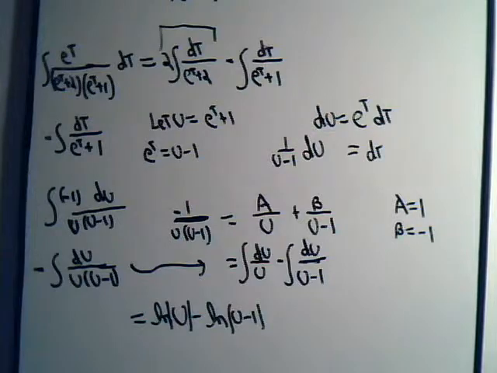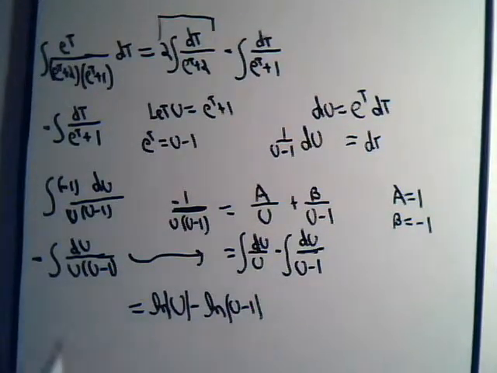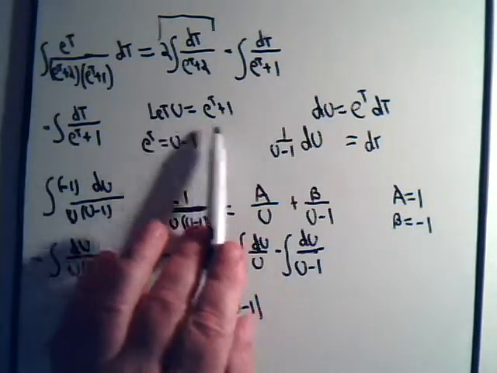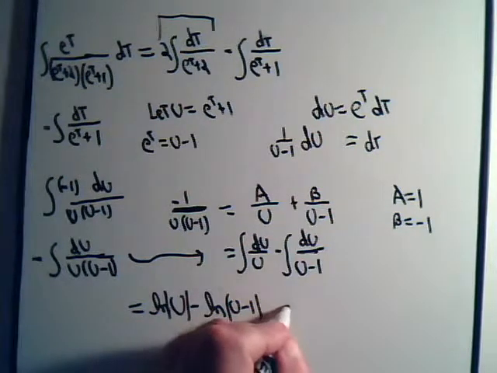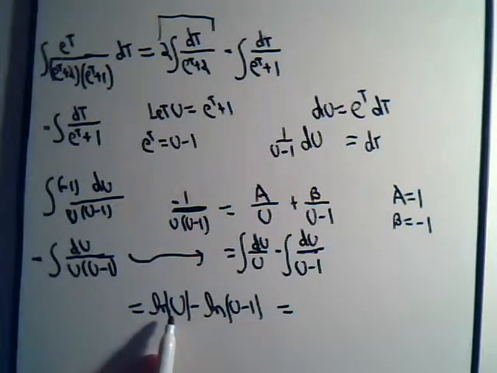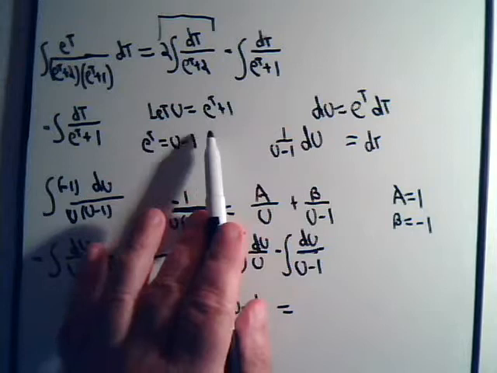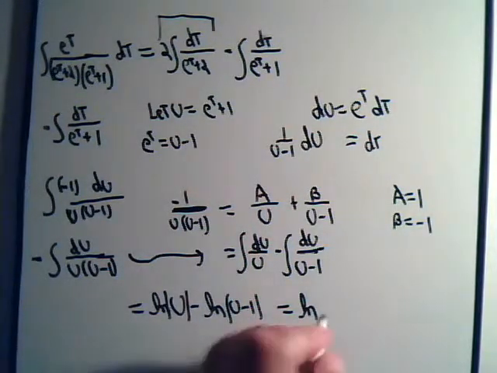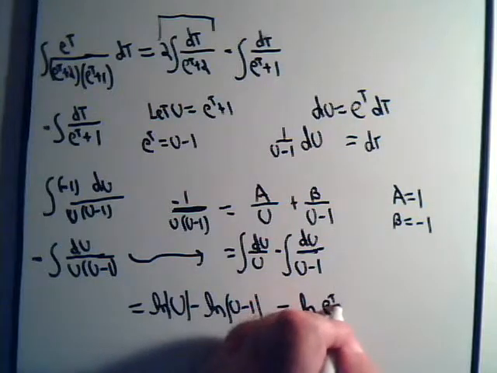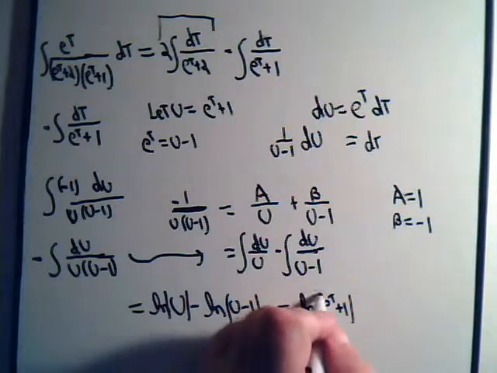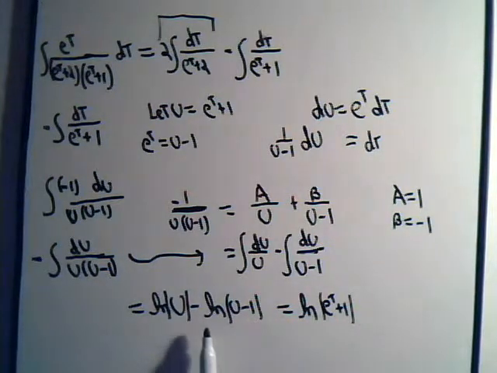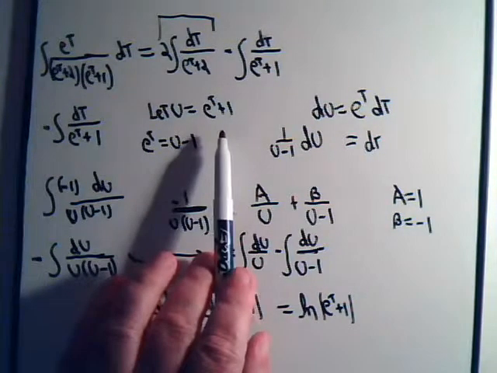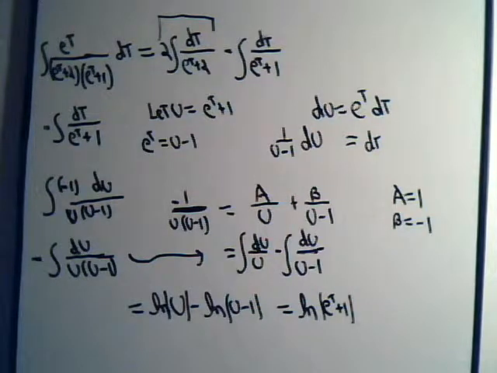Now let's go back to our original substitution. Back up here, this is what u is. So here we have the natural log of u, that's this. The natural log of e to the t plus 1 minus the natural log of u minus 1. That would be this, which is just going to be e to the t.